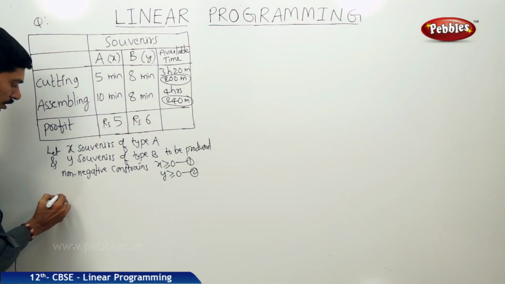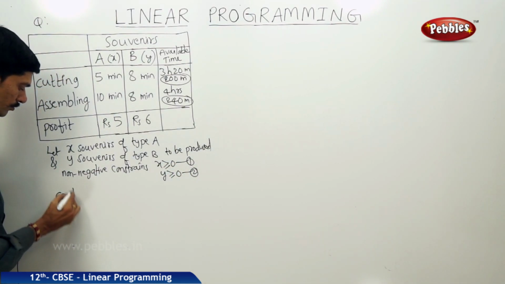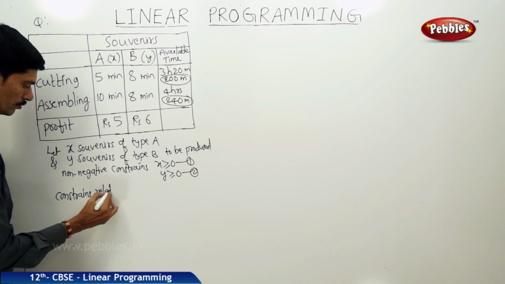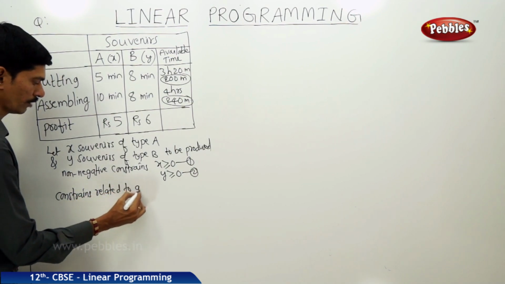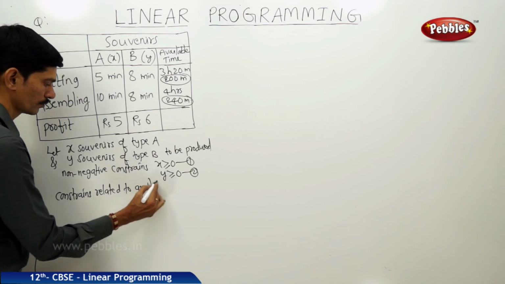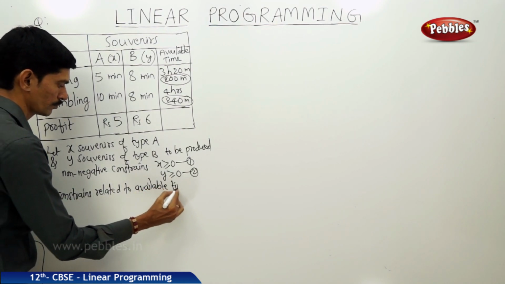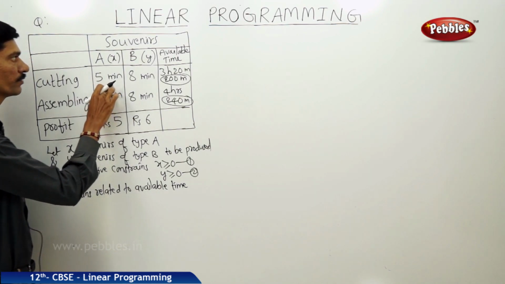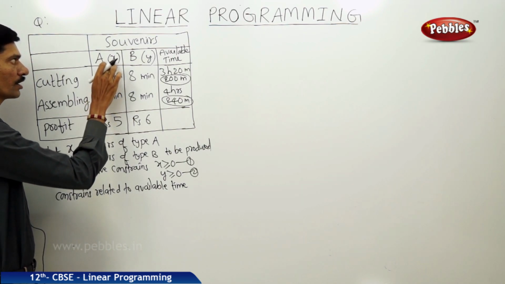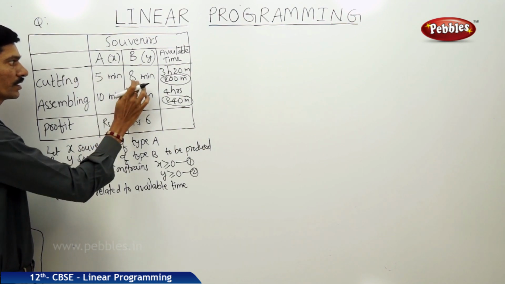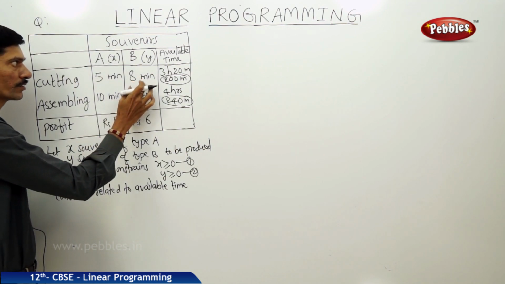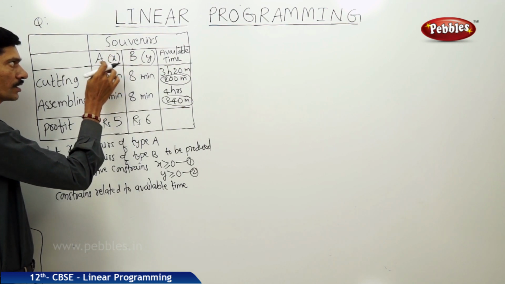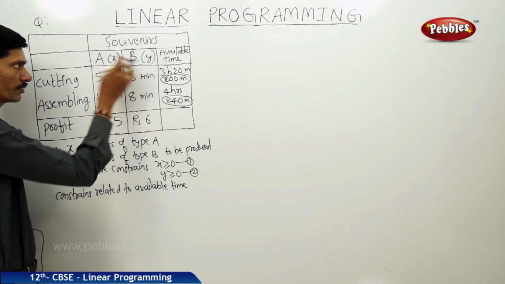Now the constraints related to available time. Here 5 minutes is required for 1 unit of souvenir A and 8 minutes required for 1 unit of souvenir B. But here x units of souvenir A and y units of souvenir B are there.